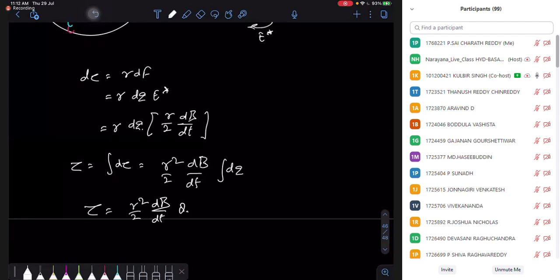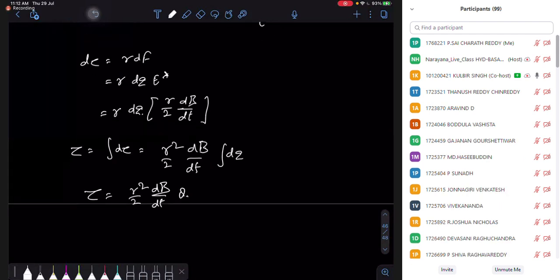The next thing you can say is, this torque can give me the angular acceleration also. Torque is I alpha. So from this relation, tau is equal to I alpha, I can get the value of my angular acceleration.